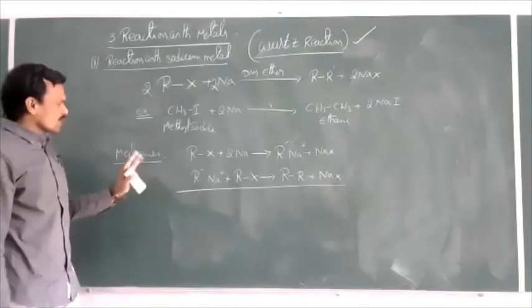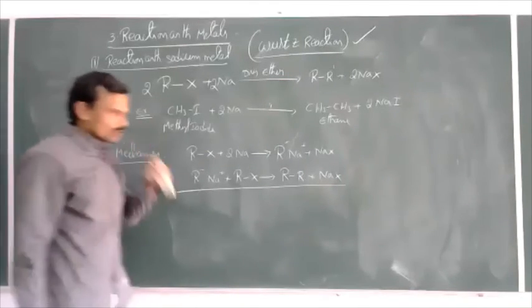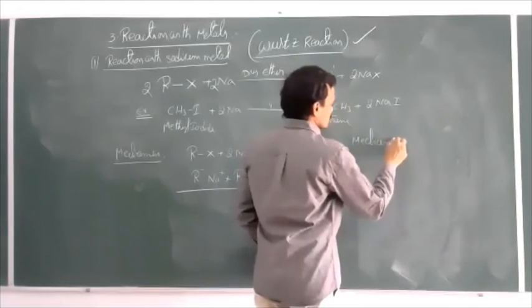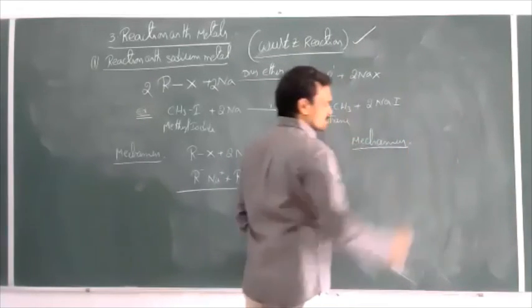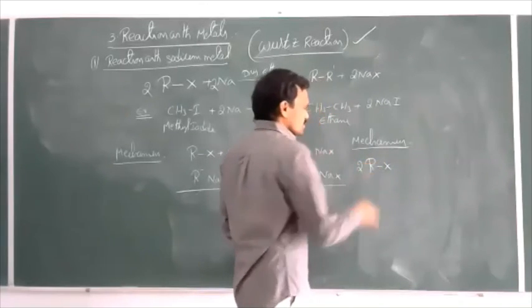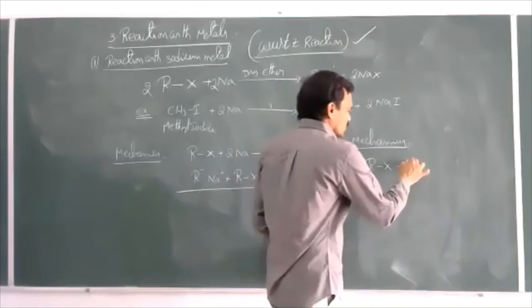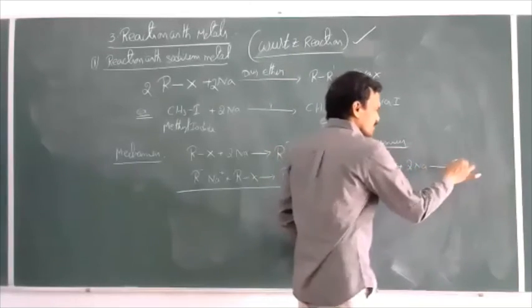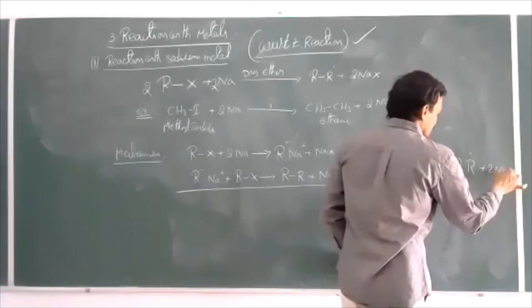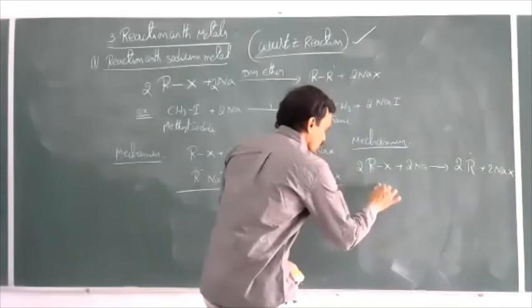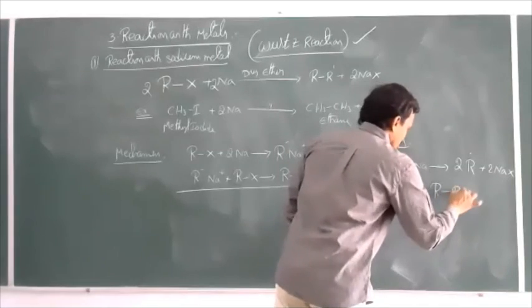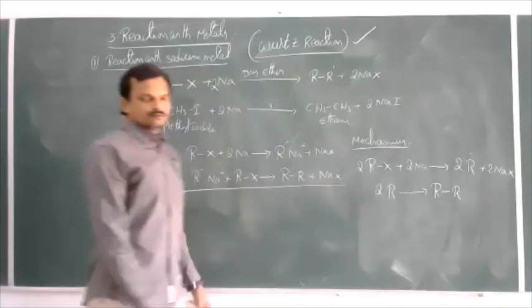So this is one probable mechanism. And one more probable mechanism is also proposed, the free radical mechanism. When 2 moles of haloalkane are allowed to react with sodium, you get 2 alkyl radicals plus 2NaX. And the 2 alkyl radicals formed here combine with each other and form an alkane.